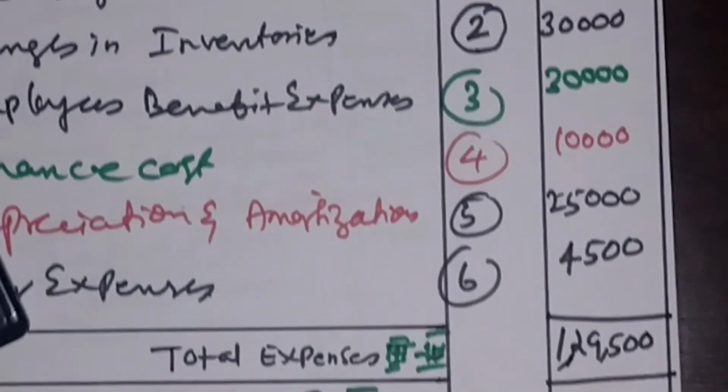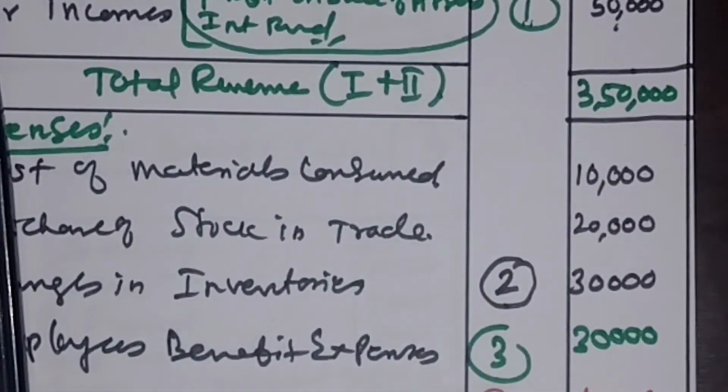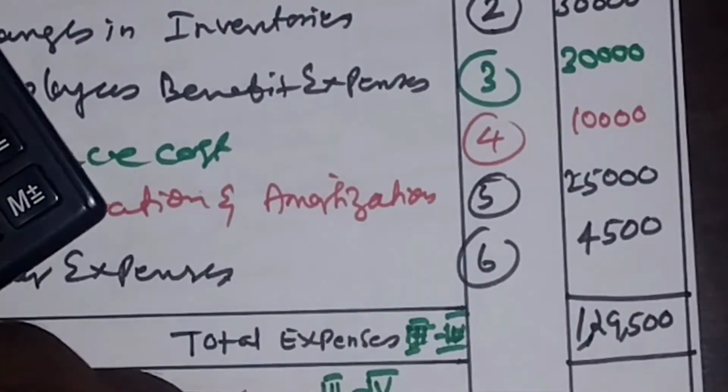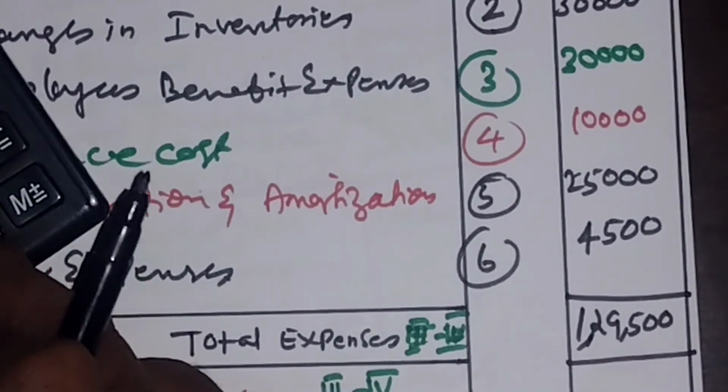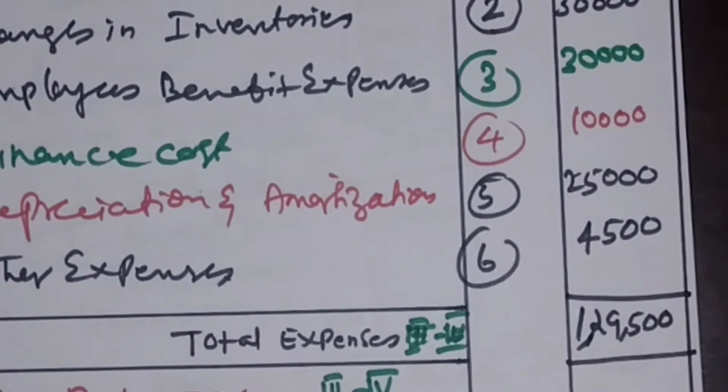This 1,29,500 you should deduct from the total revenue of 3,50,000. Therefore, 3,50,000 minus 1,29,500 equals 2,20,500.